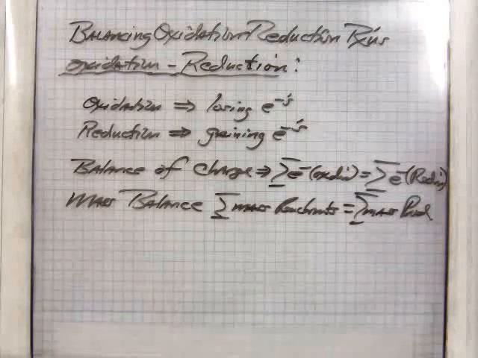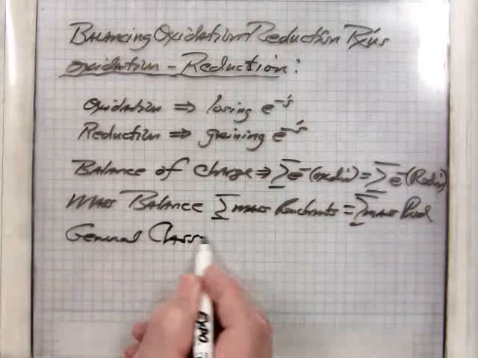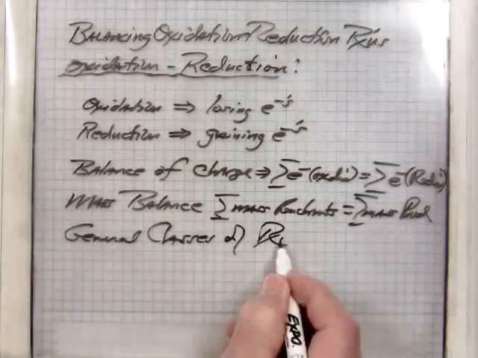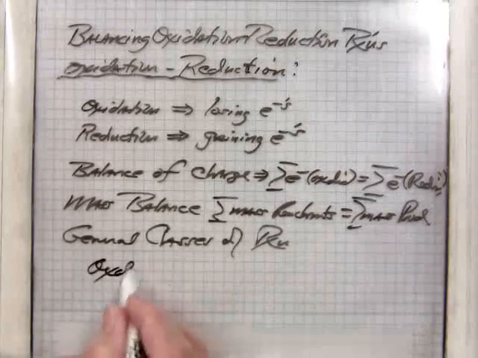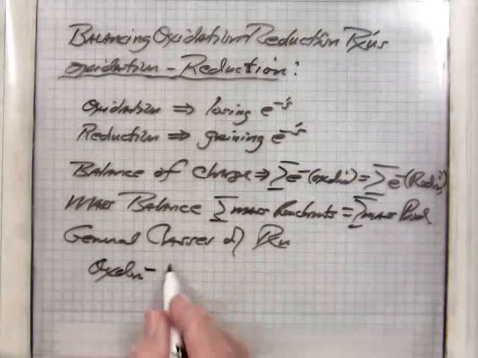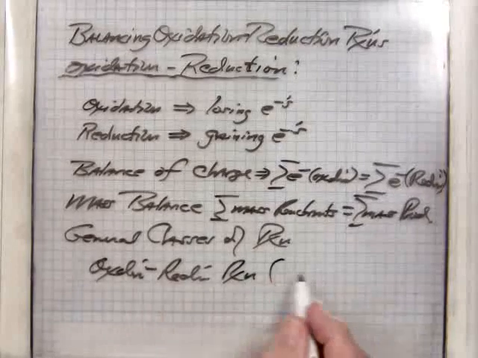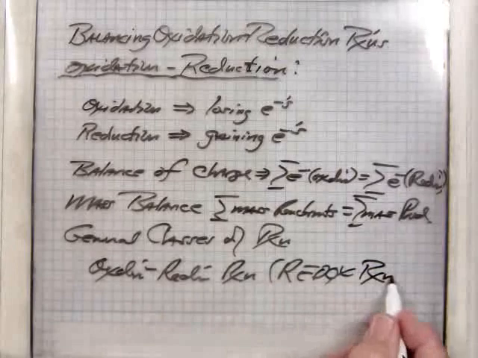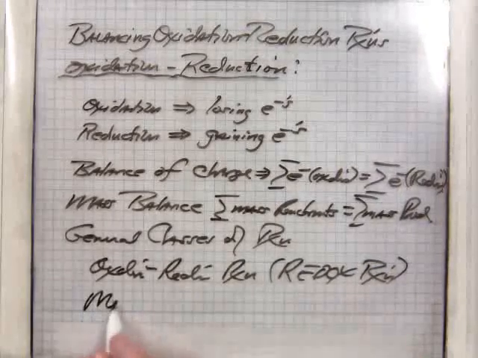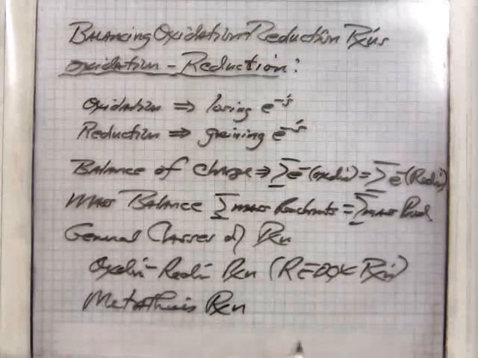Now, we'll learn as we go deeper into the study and classification of reactions. There are two real general classifications of reactions. One is the oxidation reduction reaction, often referred to as a redox process. And then you have a metathesis reaction, a process.